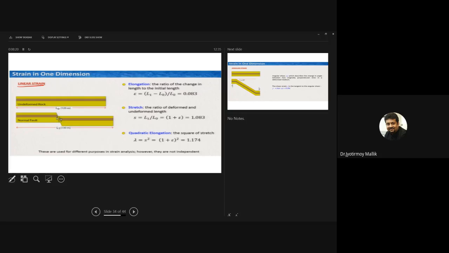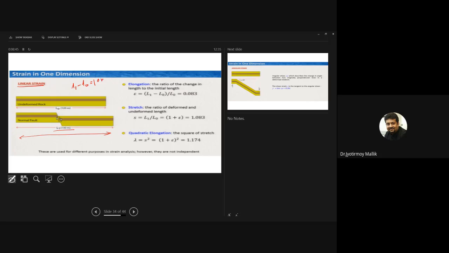And then I am extending this bit of rock, by forming a normal fault inside it, and I see that the final length is 130 millimeter. So that means L1 minus L0 is 10 meter.